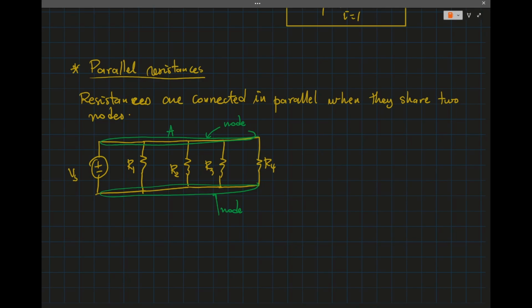If I call this A and this B, then R1, R2, R3, and R4 share the nodes A and B. So they are connected in parallel.